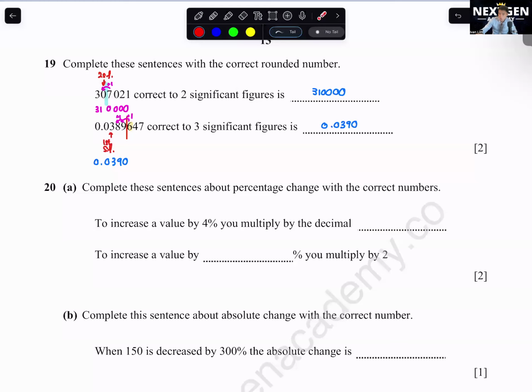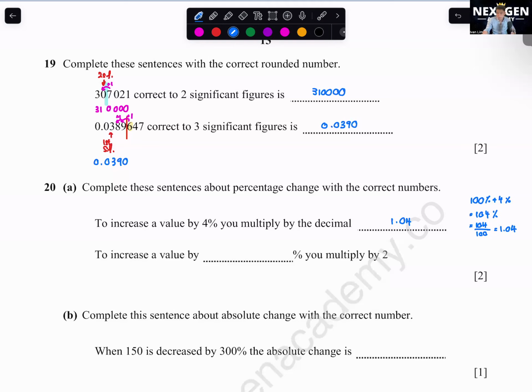You haven't learned percentages. How do we increase a value by 4%? It will be 100% plus 4%, which is 104%. The decimal will be 104 divided by 100, which is 1.04.